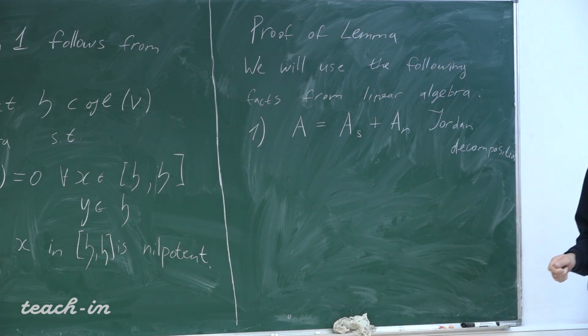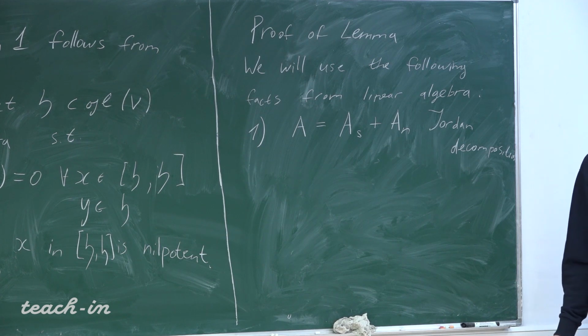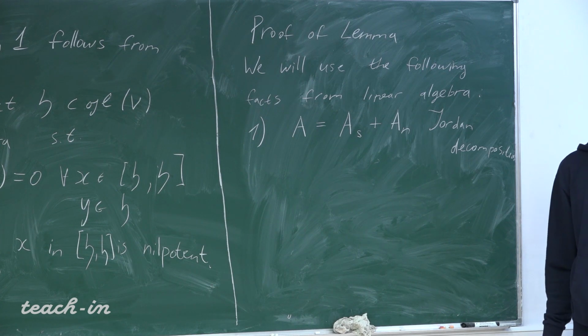What is semisimple? For us, it just means diagonalizable. The definition is actually closer to representation theory: every invariant subspace has a complement which is also an invariant subspace.